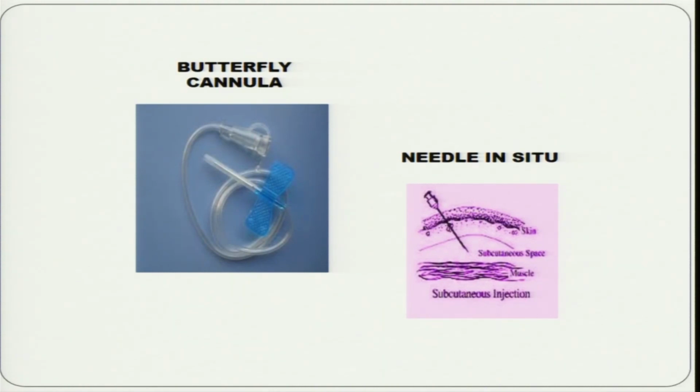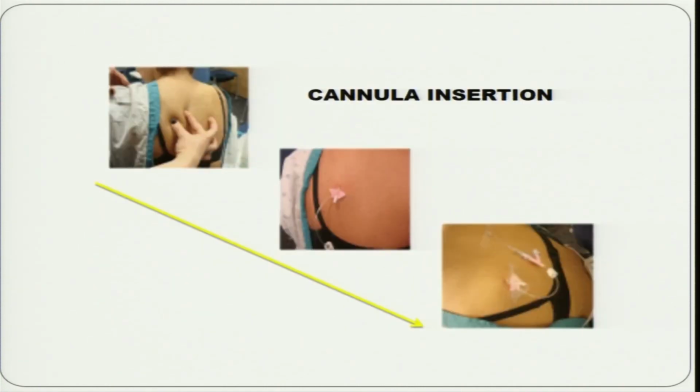Subcutaneous injection can be taken up with a butterfly cannula, everybody is familiar with this, or you can put a needle in situ, but this is difficult to maintain. So, ideally it is the butterfly cannula. How to insert the cannula? This is shown on the abdomen.